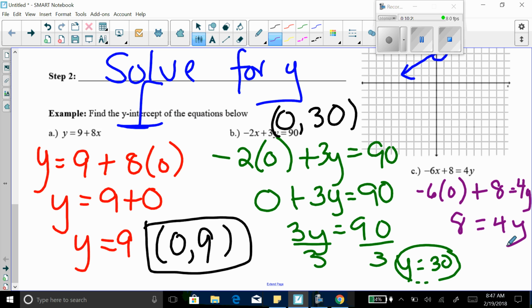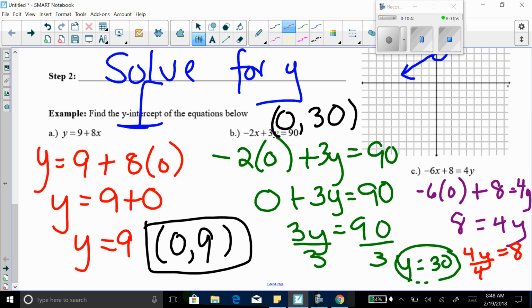Now we're trying to get y by itself. So we're going to divide by 4 on both sides. And if it's easier for you, you could have flipped the equation and written 4y equals 8. Same thing.